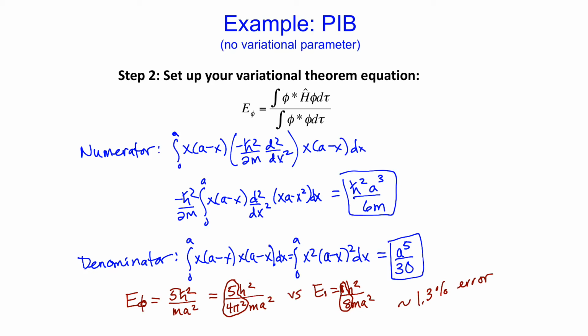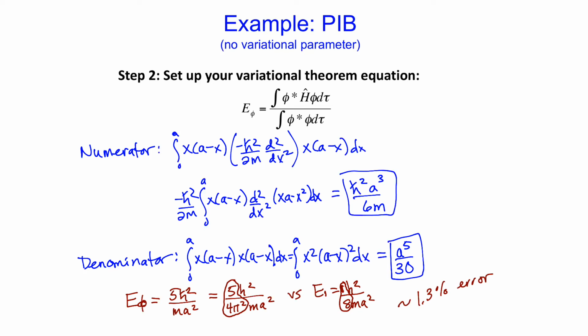So it's not bad, right? 1.3%. We had a pretty simple trial function approximation there. We didn't put a ton of thought in there. We're like, hey, this fits our parameters, let's see how it goes.